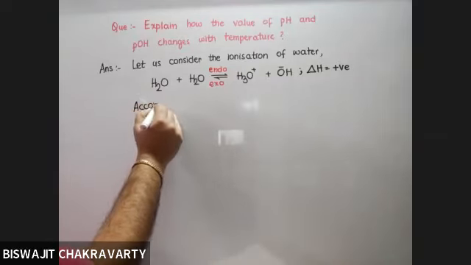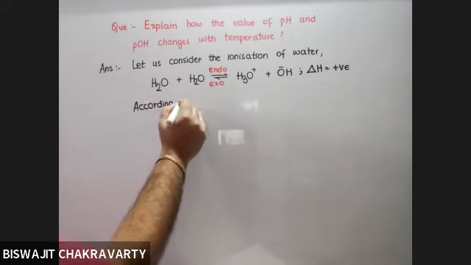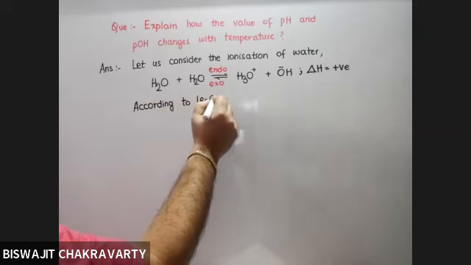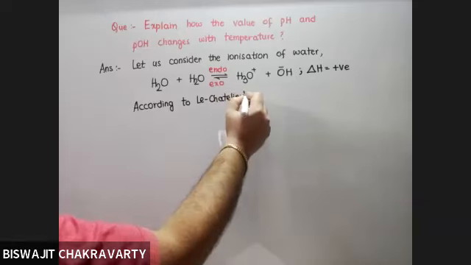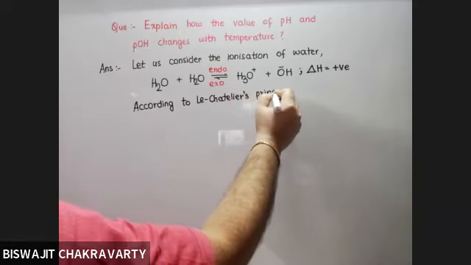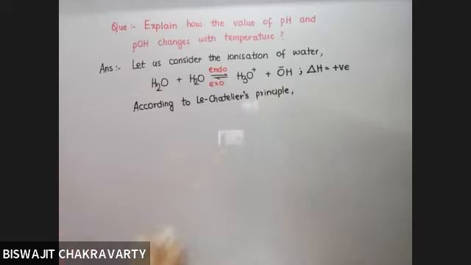According to Le Chatelier's principle, what we have learned some days back, if a reaction is at equilibrium and you want to disturb it by increasing the temperature, then the reaction will proceed towards the endothermic direction. And if you decrease the temperature, it will move towards the exothermic direction.